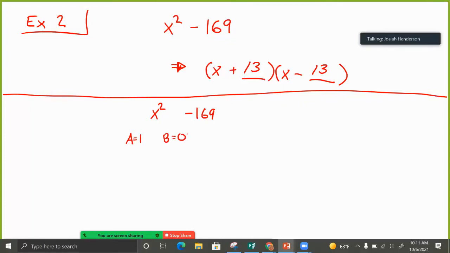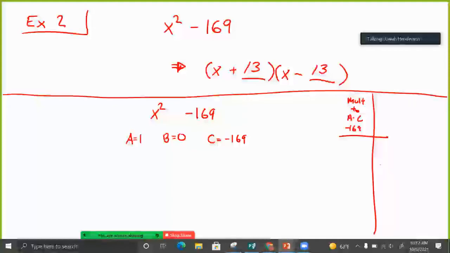B is 0, because there's no x term in the middle, it's like saying 0x. And then C is negative 169. And then you're making your list, multiplies to A times C, remember? And that's going to be negative 169. And then check that against things that add to 0, because that's our B.